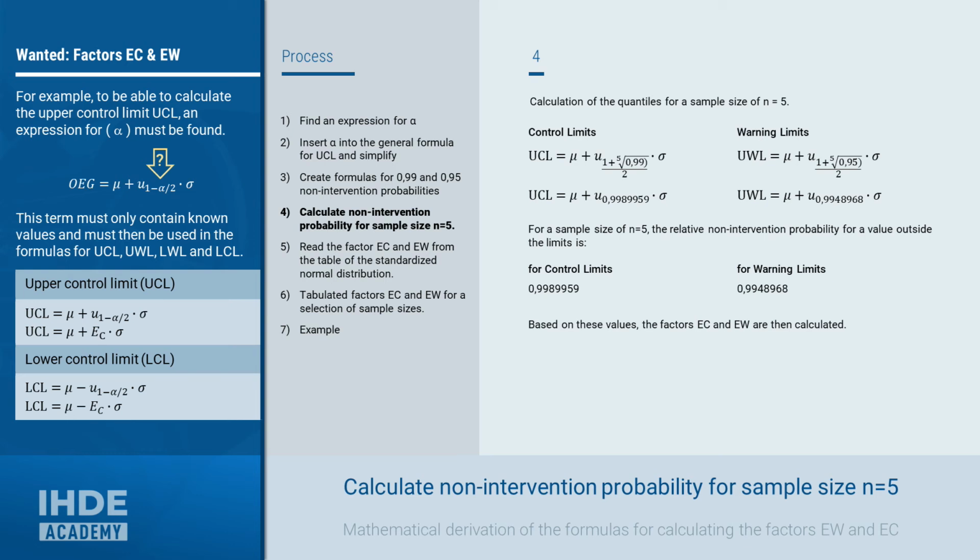For this sample size, the relative non-interference probability for one value is 0.99899959, and for the warning limits 0.9948968. Based on these values, the factors EC and EW are then calculated.